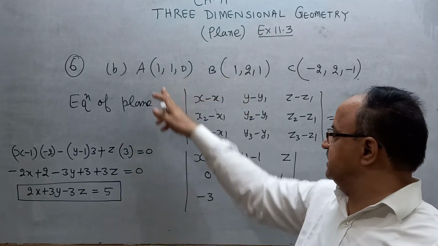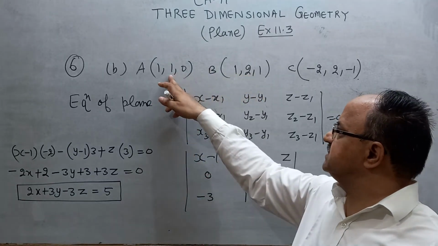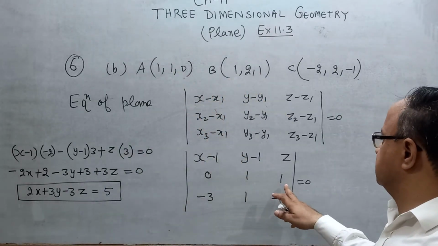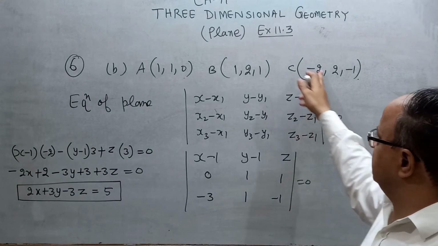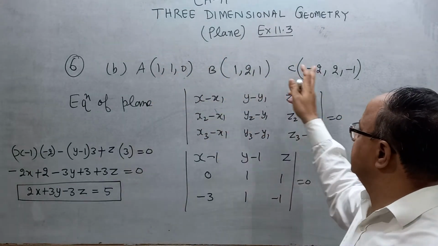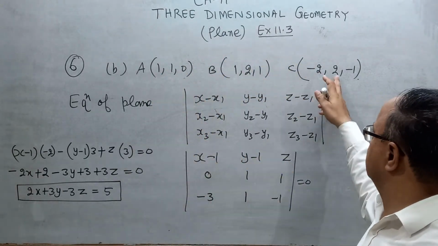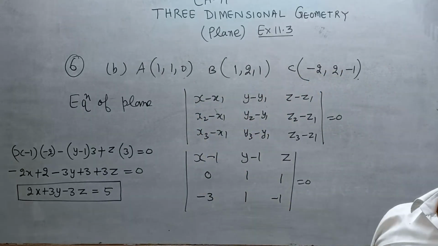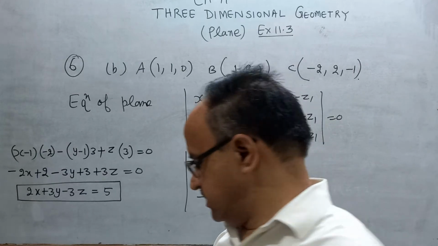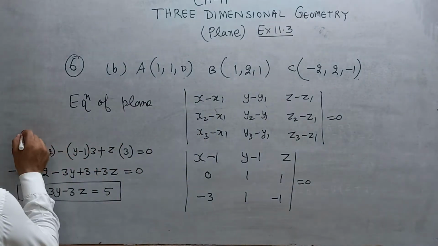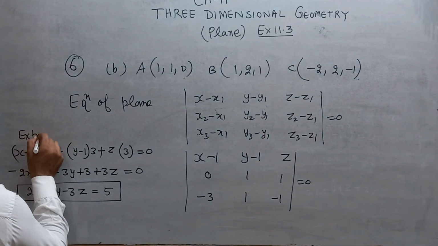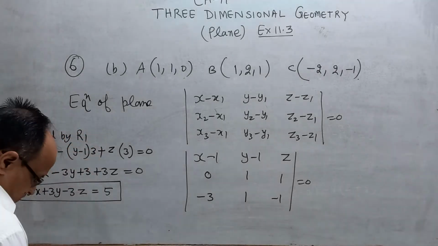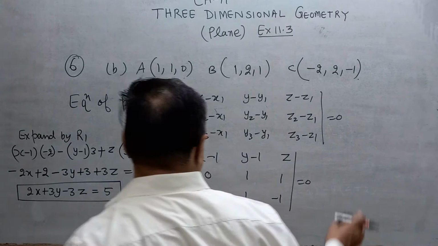After that, 1 minus 1, 0; 2 minus 1, 1; 1 minus 0, 1; and x3 minus x1, minus 3, 2 minus 1, that is 1. After that, expand by R1. This is the answer.